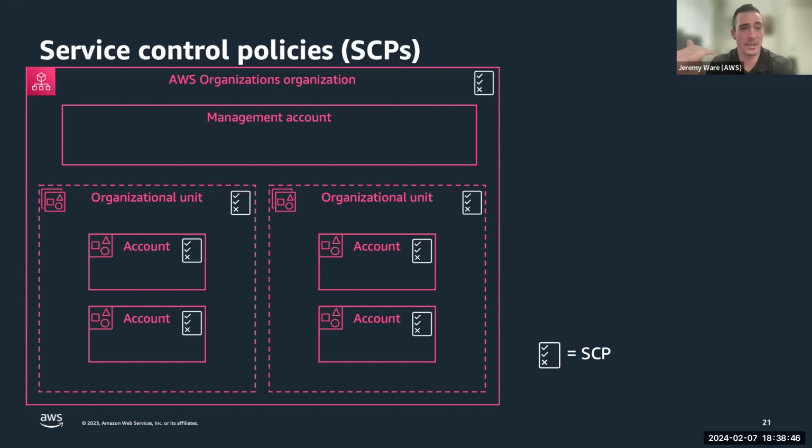We'll put that in the SCP. Non-security personnel don't need the ability to delete cloud trails or change security service configurations. There's almost no exception for that. You would define that in your condition statement of the SCP, and now you would know at the organizational level you're okay.